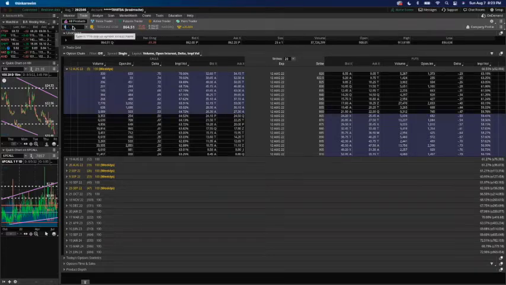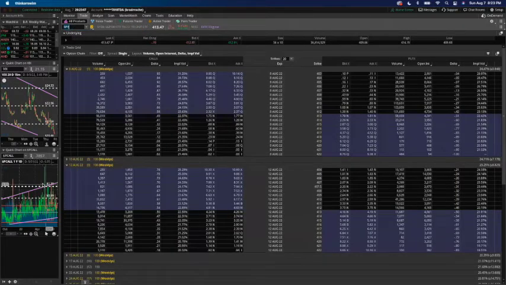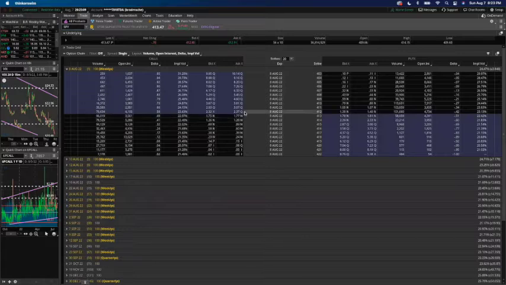Okay, so let's go to SPY, right? And this will be an easier example. Let's say the next number that we really like here is probably the 415 or the 410, depending on which one you want to go for.